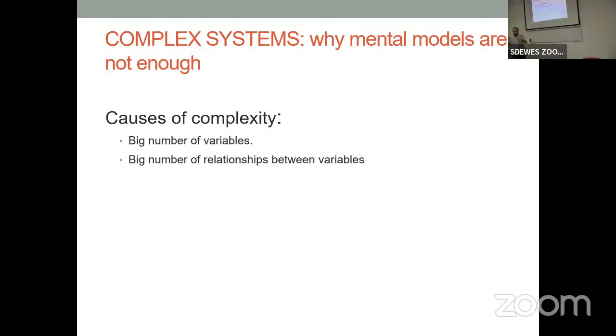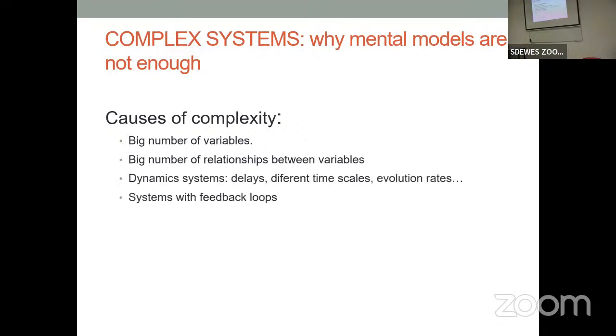So it's difficult to understand all these relations and all these feedbacks. Another reason for complexity may be the delays. I mentioned the delays between the students that are preparing to be doctors and the real doctors we have working, but not only, of course. Also to understand the time scales.